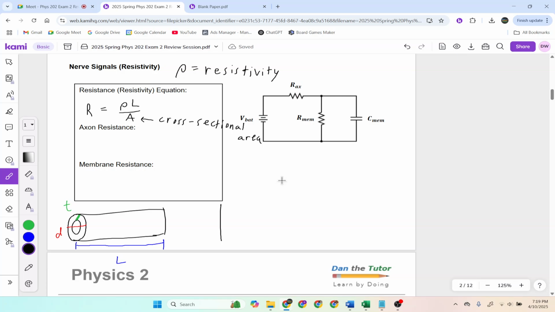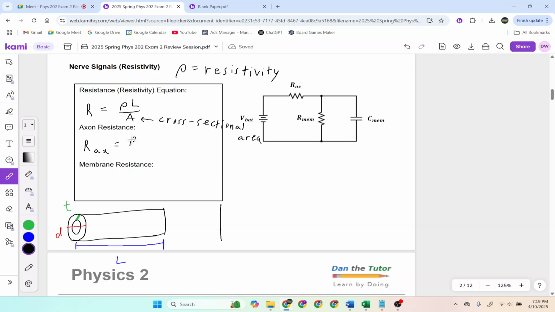So with axon resistance, just know that the nerve signal is made of an axon, which we see at the top in the circuit, and then a membrane, which is these two things in parallel. Does it matter that you know what that means? Honestly, no, it does not. What matters is, and again, I'm assuming these equations will be given to you, but I'm going to write them down anyway.